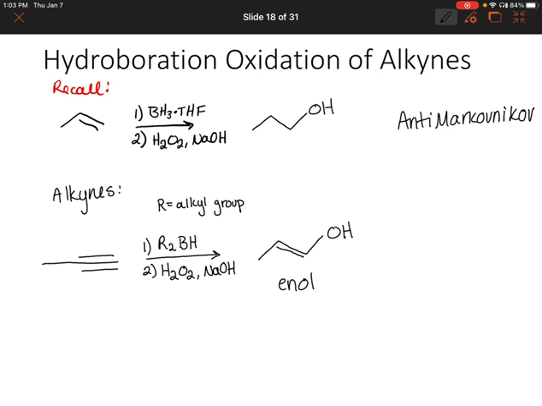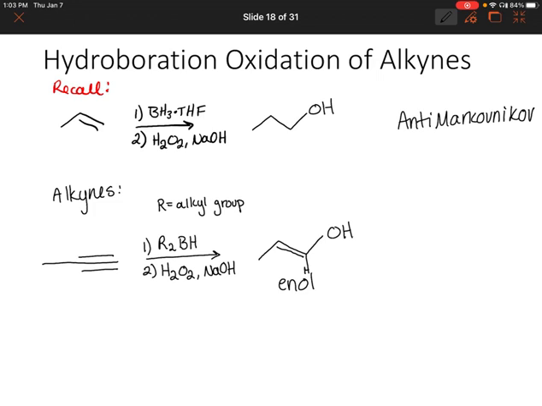Now, in this case, the alcohol is actually on the very end of the molecule instead of somewhere in the middle. So will we still end up with a ketone? No, because there's a hydrogen on the end. Just put that in there. So there's a little hydrogen.